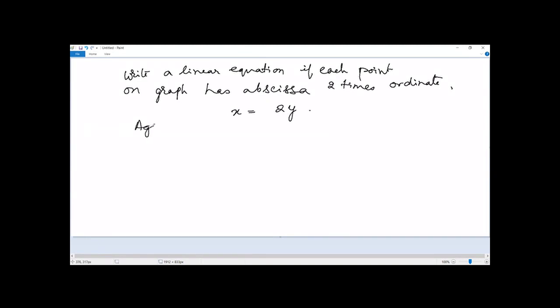The age of x is less than the age of y by 5 years.